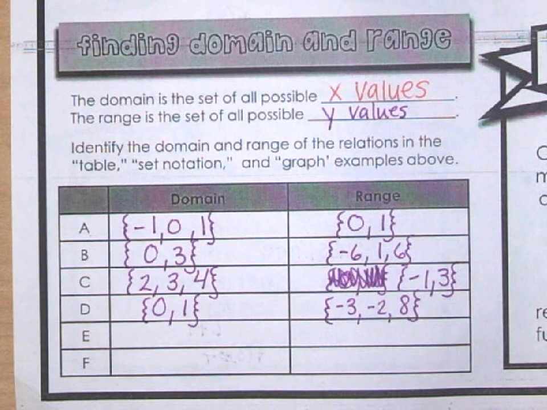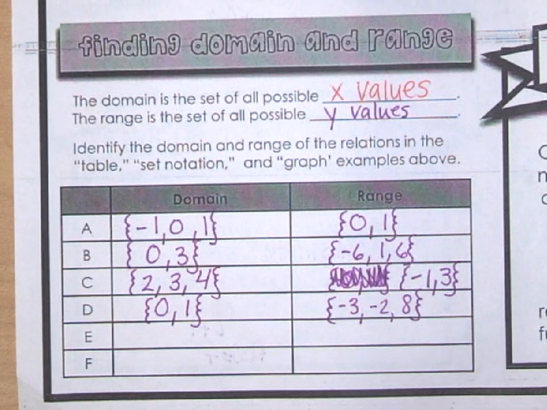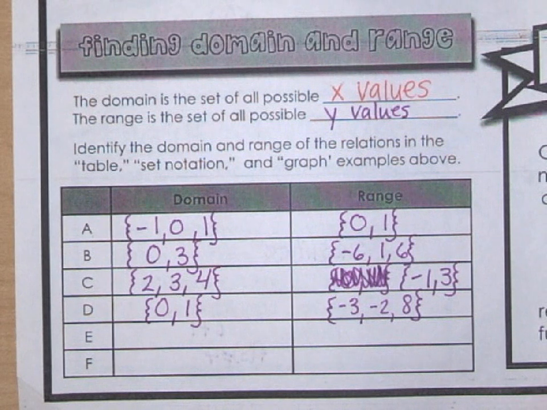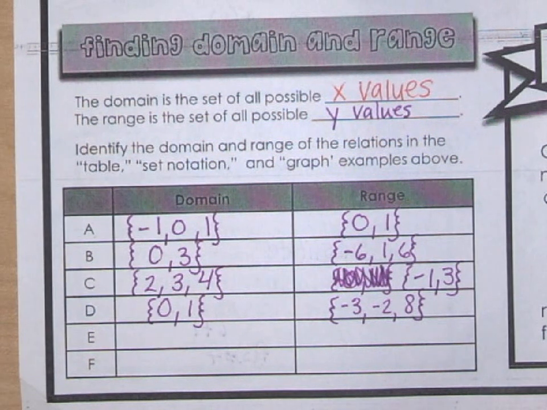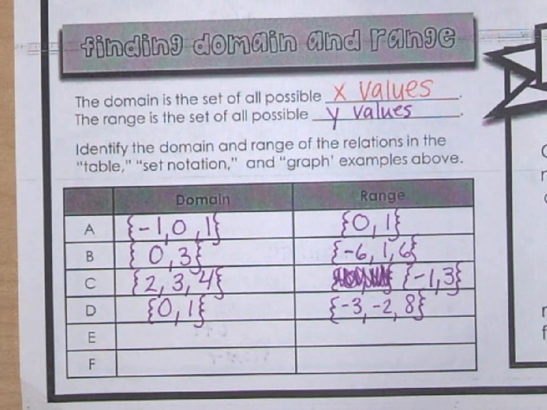Okay. Now, E and F are a little bit different because they are graphs. So we show this in a different way. We have to show endpoints, and then if there are arrows, meaning it would continue forever, we use the infinity and negative infinity signs. So if we look at E, my domain, because the graph has the arrows and would continue forever in either direction if we let it, that actually means that our values can get infinitely small or infinitely large.